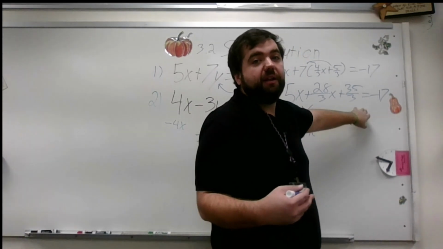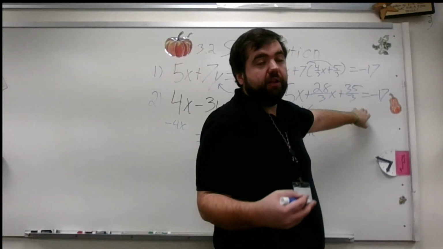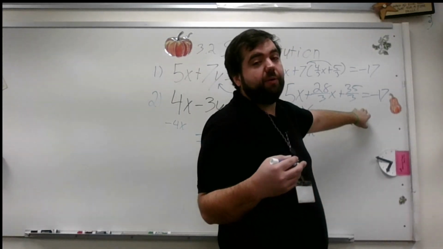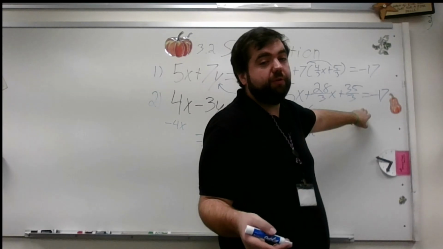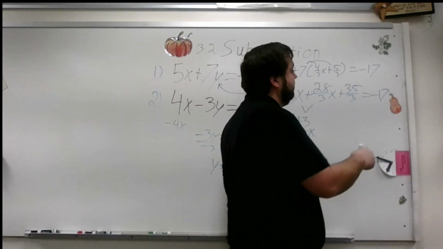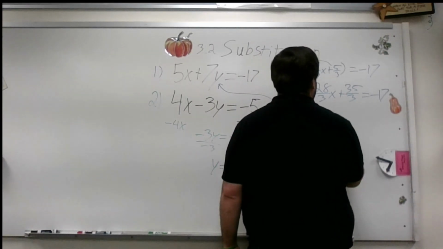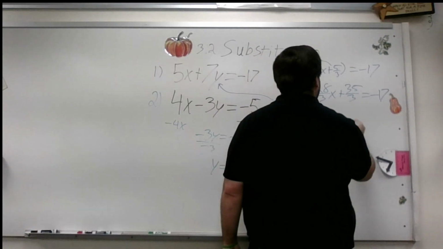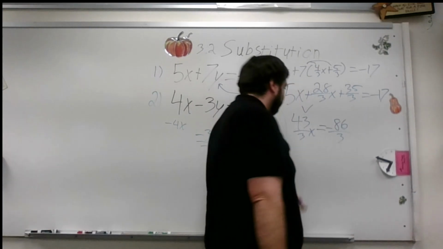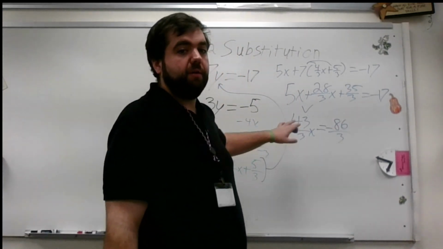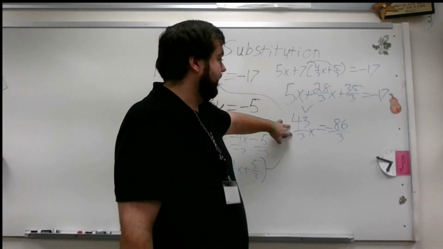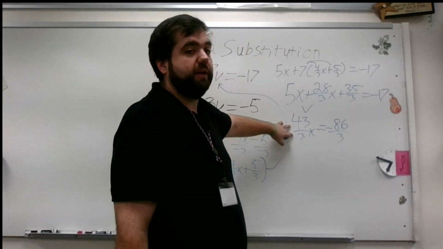So again, least common denominator. Negative 17 is going to be negative 51 over 3. So negative 51 minus 35 is negative 86 over 3. From here, I divide both sides by that.